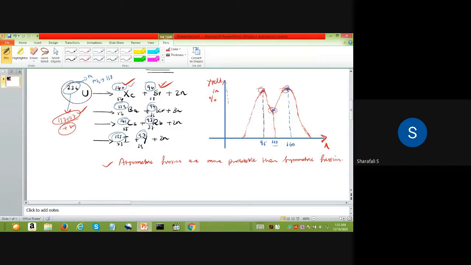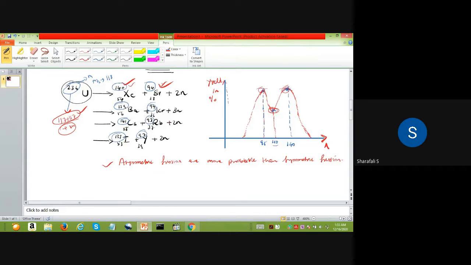We'll get them, but as compared to this asymmetric fission process, this is less probable. So getting daughter nuclei with similar mass number is less probable as compared to daughter nuclei with different mass numbers.